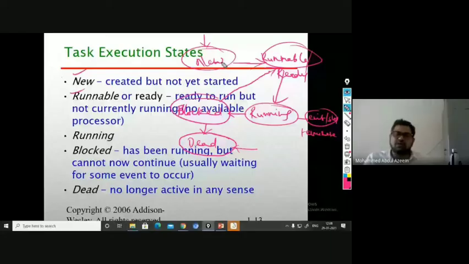So this is how you can find the different phases in which a process may lie once it gets initiated. All the processes will start with a new state, when you invoke the process and allow it to start its execution.